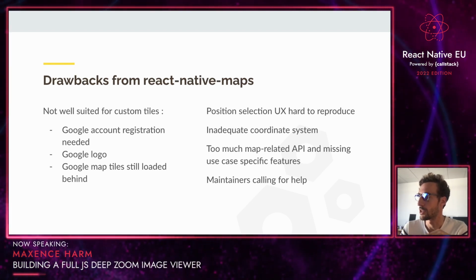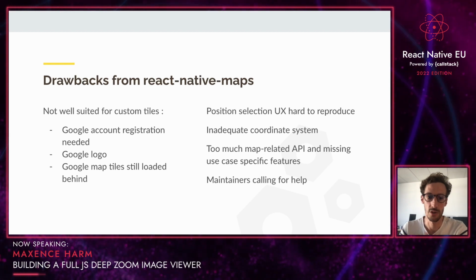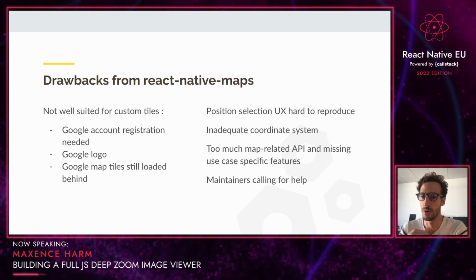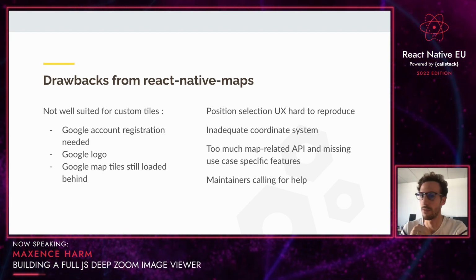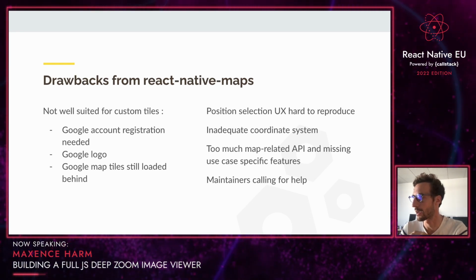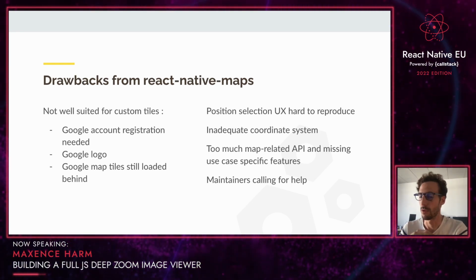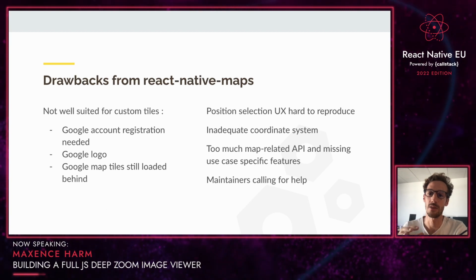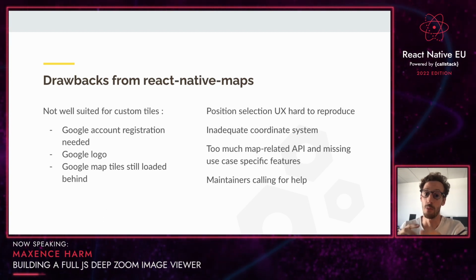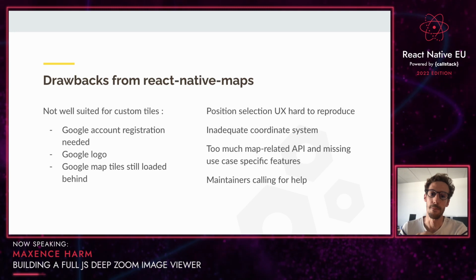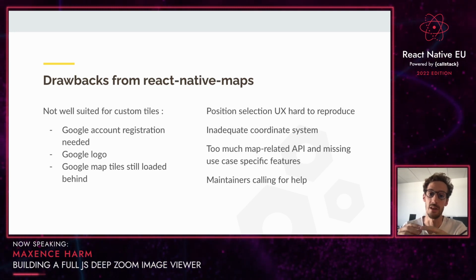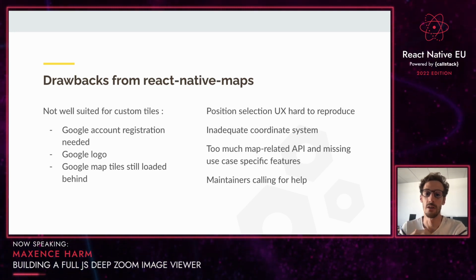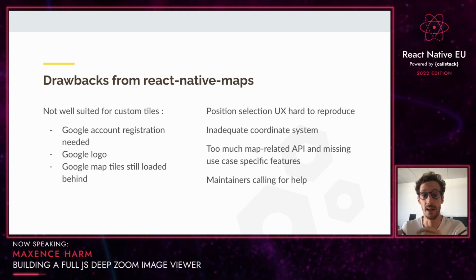The position selection UX, as we just saw with the centered marker, was not really easy to achieve with that Google logo hack. And most of all, there was a really inadequate coordinate system for positioning the markers. It uses the Mercator projection, which makes distance scale as you go away from the equator line.